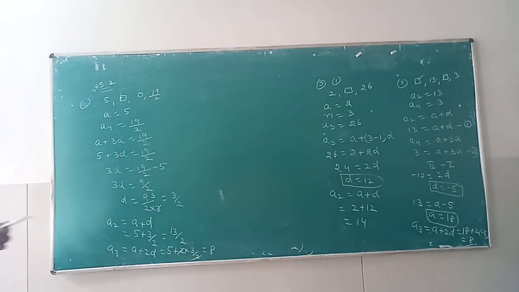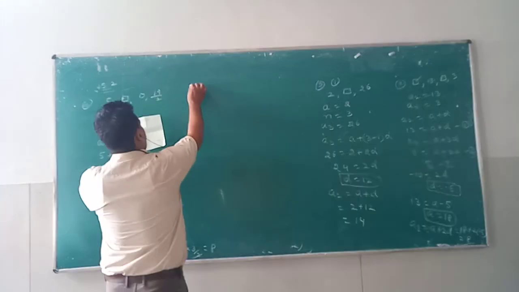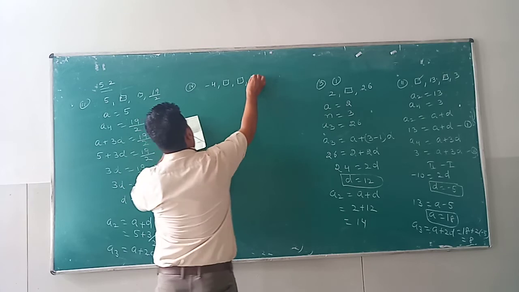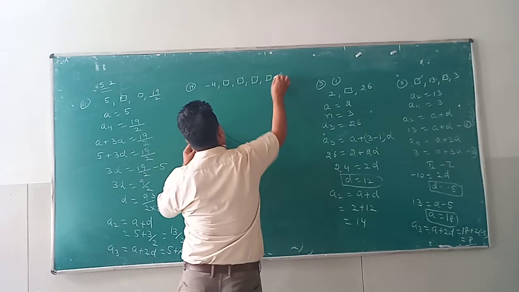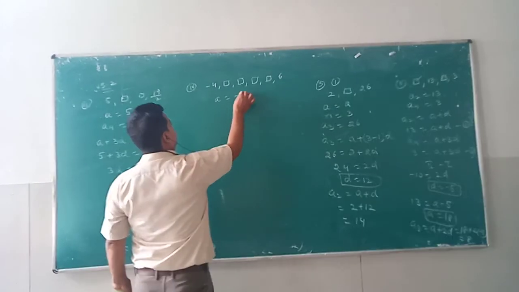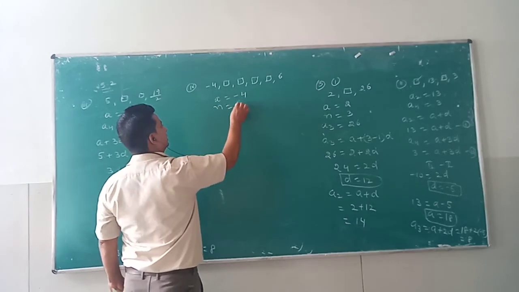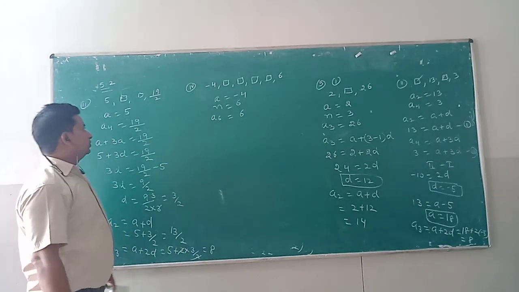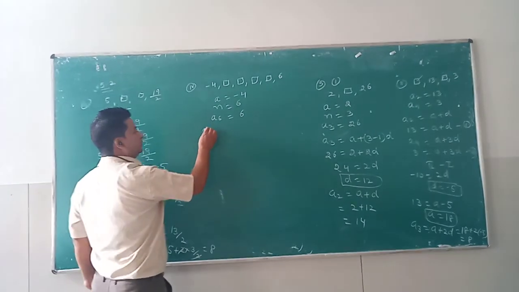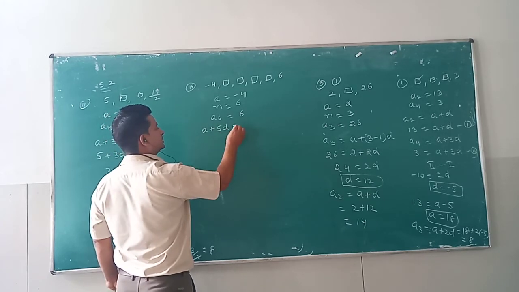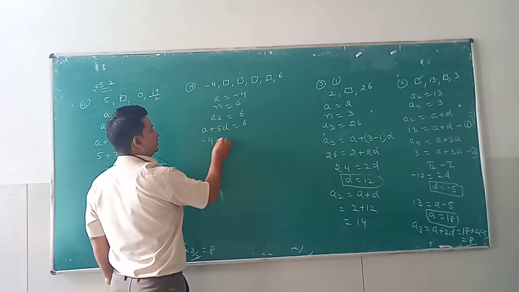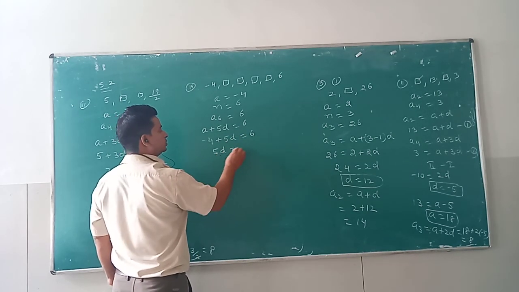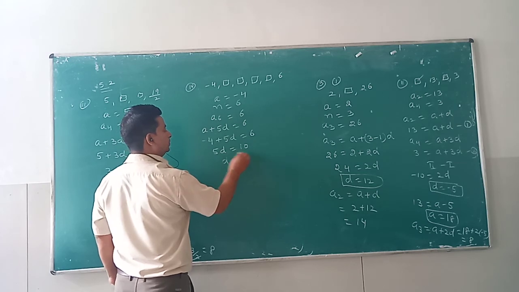In the next question, question number 4, minus 4, missing terms, 6. In this AP, a is minus 4 and we have number of terms 6 and a6 is 6. As we know, an is a plus n minus 1 into d, so a6 is a plus 5d. Value of a is minus 4, this becomes 10. So d is equal to 2.